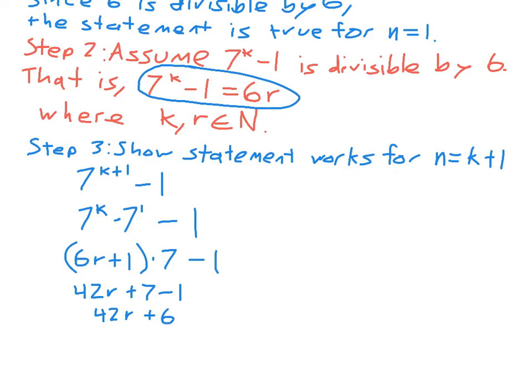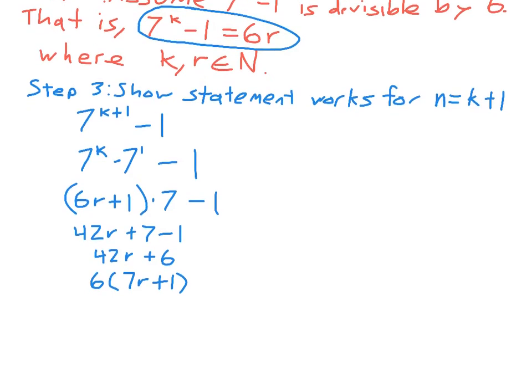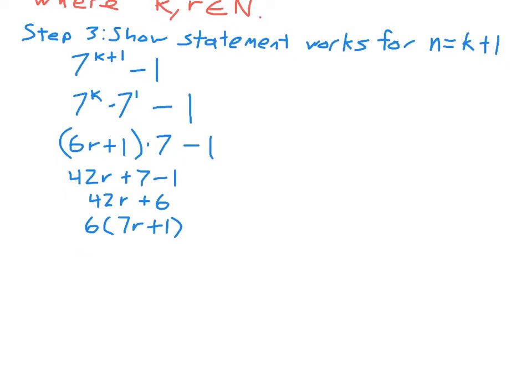We're trying to show that this expression is divisible by 6, so we should factor out a 6. Okay, and that pretty much proves it. So we can say that since r is a natural number, 7r plus 1 is also a natural number.